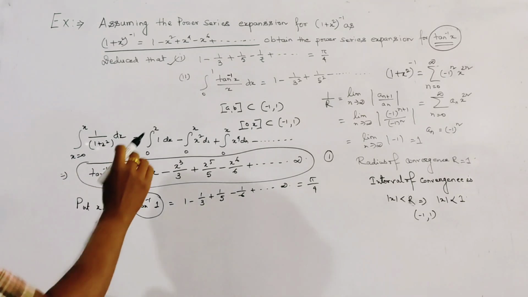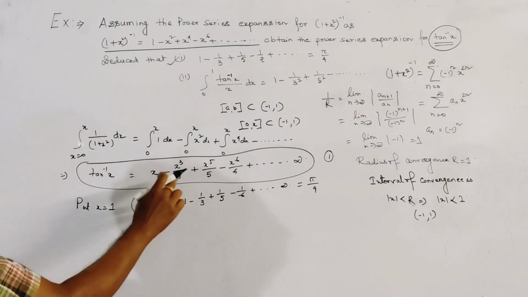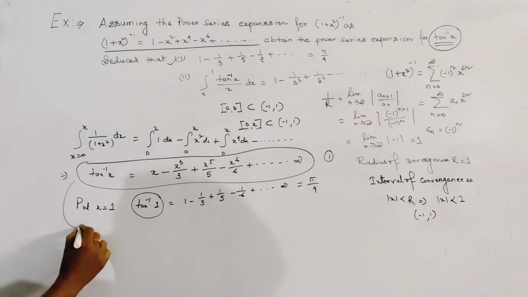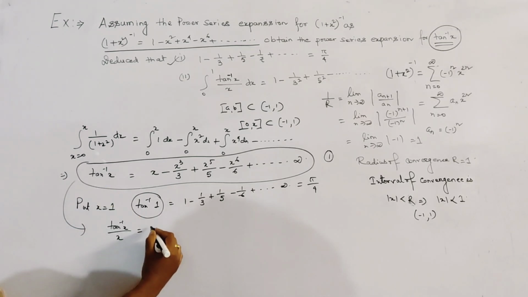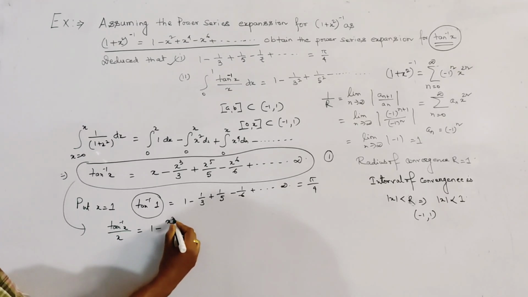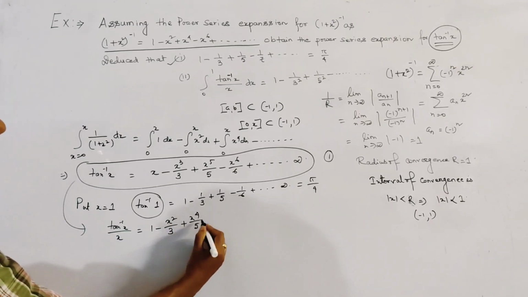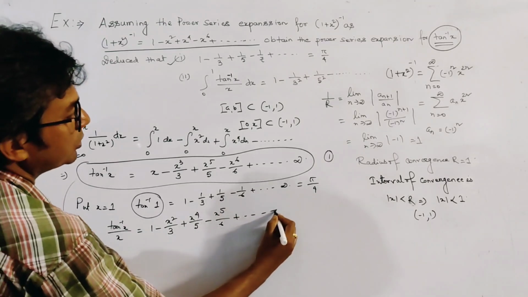Now to deduce the second result, we first divide both sides of this series by x, and get tan inverse x by x equal to 1 minus x square by 3 plus x to the power 4 by 5 minus x to the power 6 by 7 and so on.